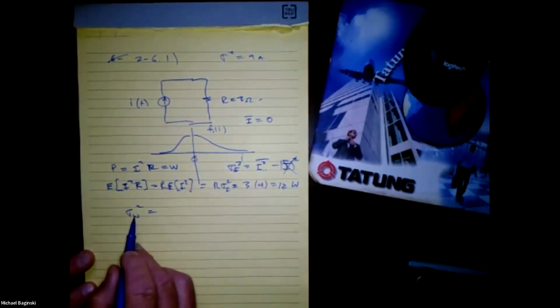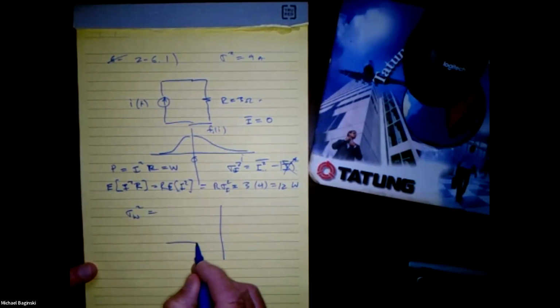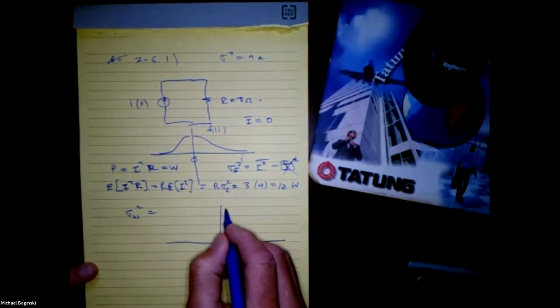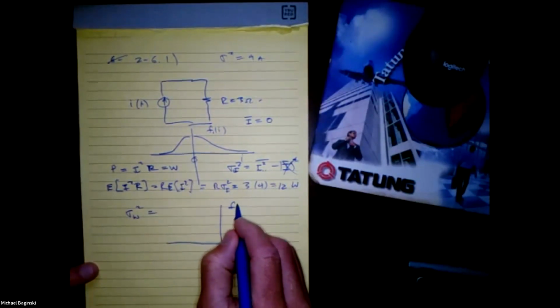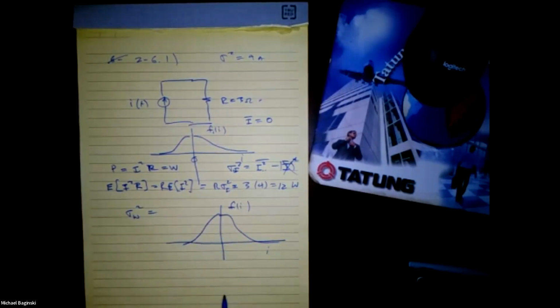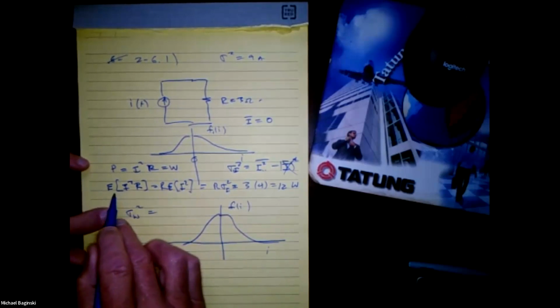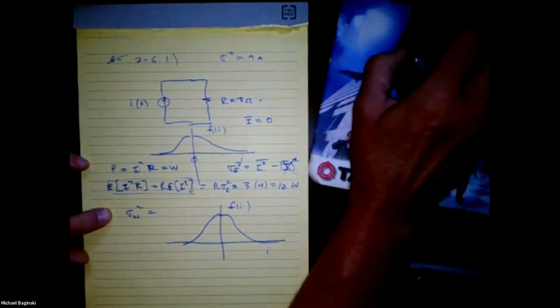Now, the way I showed it, I think, was this way. If you think about this as current and then this is f of I, which I drew up here, that's got this. Hold on for 1 second.